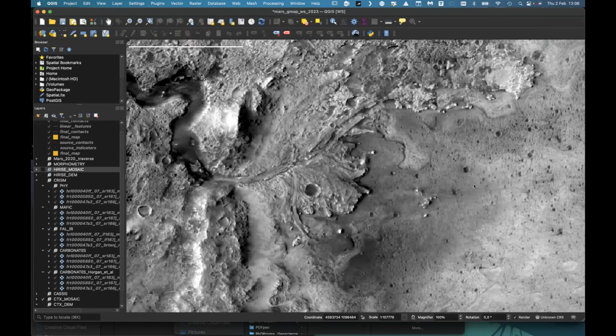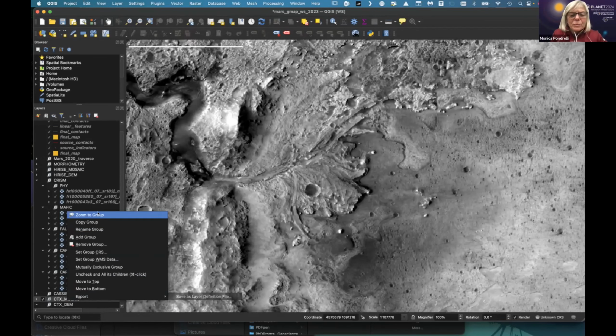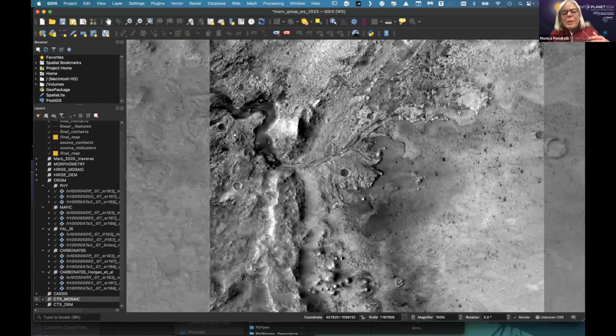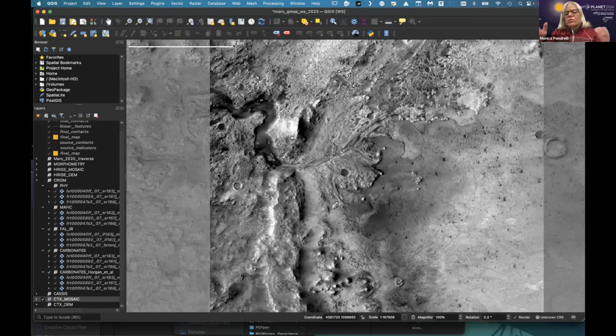Yes, thank you. The idea was to map only the CTX mosaic, this one. But if you feel that the area is too big, it's better to do something in detail, something done properly, instead of doing all the area just like that.